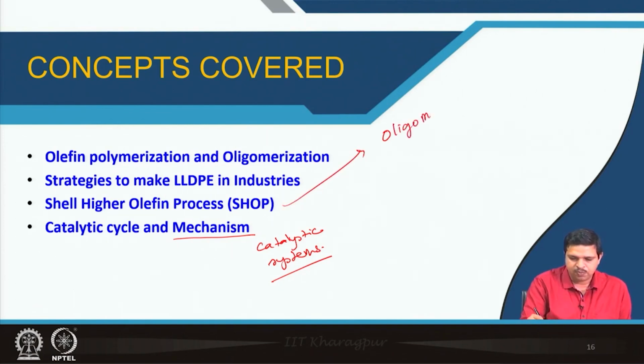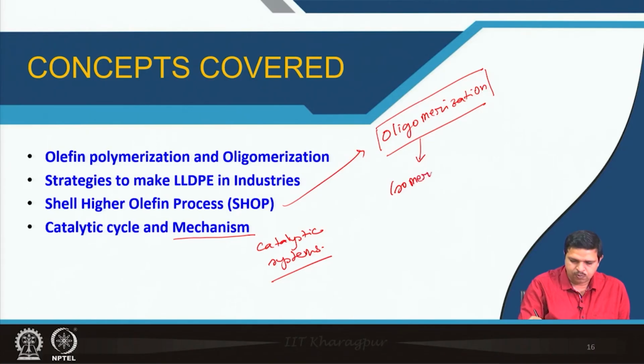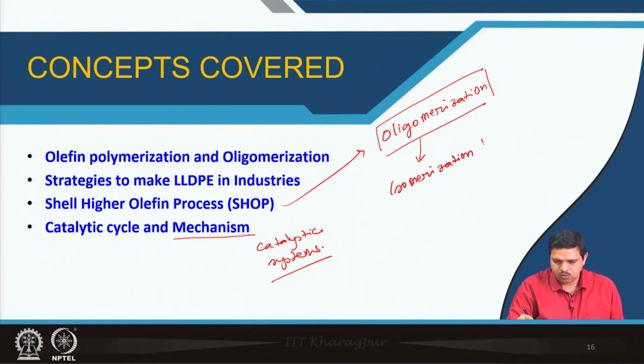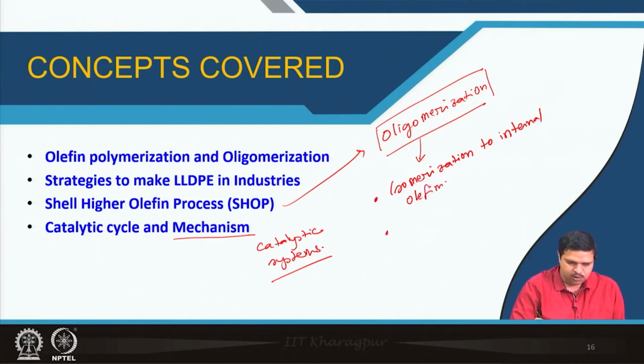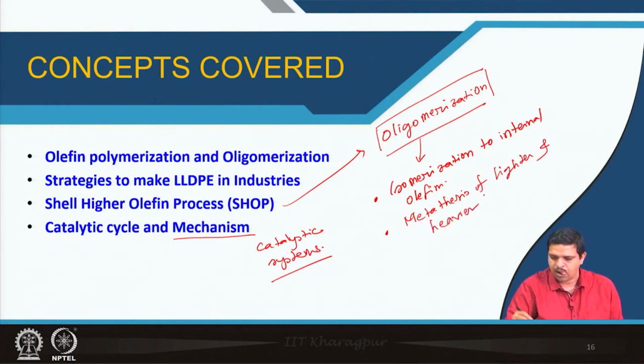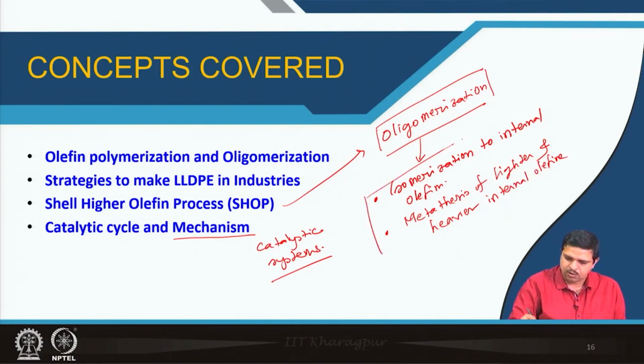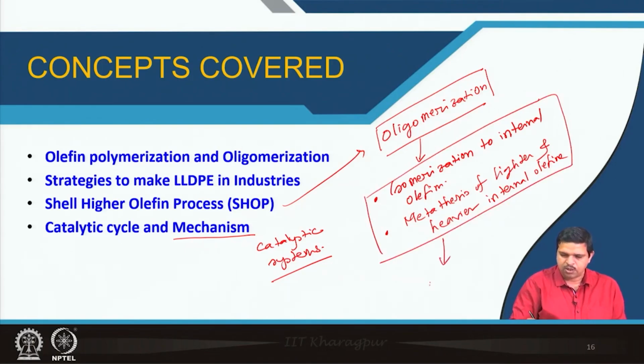The first step is oligomerization, which is basically a homogeneous catalytic system, then isomerization to internal olefins, and metathesis of lighter and heavier internal olefins, and then the last one is hydroformylation and reduction.